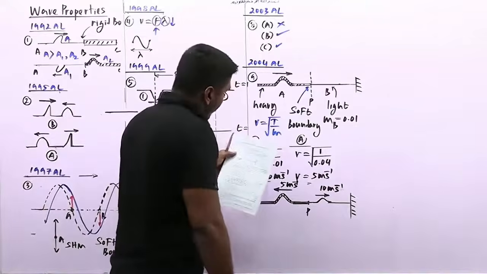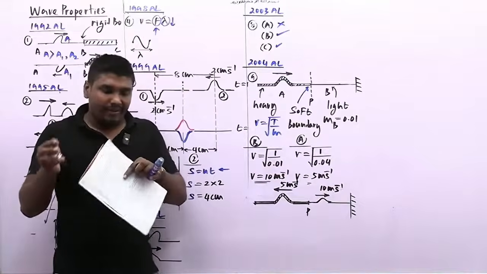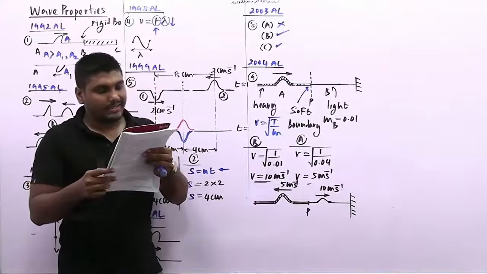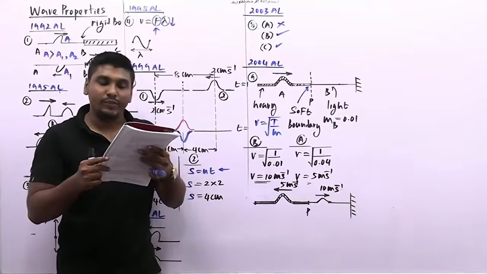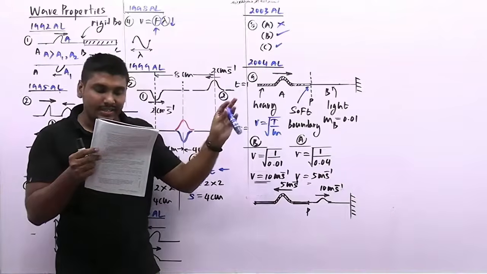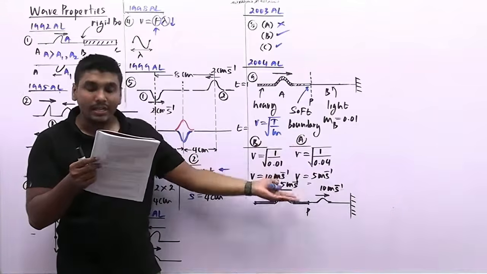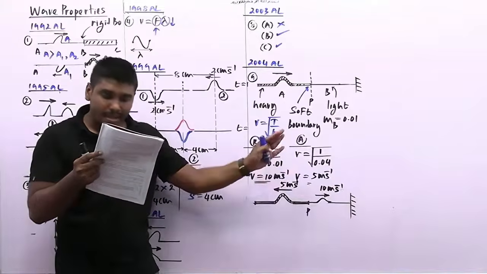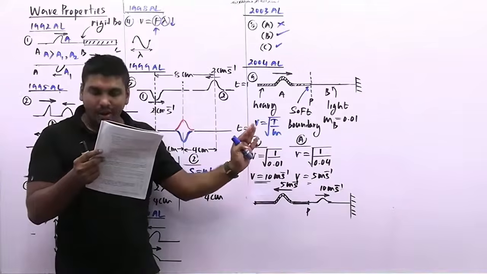But what they are asking in the question is that two strings A and B are connected end to end at point capital P as shown in the figure. The free end of the lighter string B is attached to a rigid vertical wall. The masses per unit length of A and B are 0.04 and 0.01 respectively.